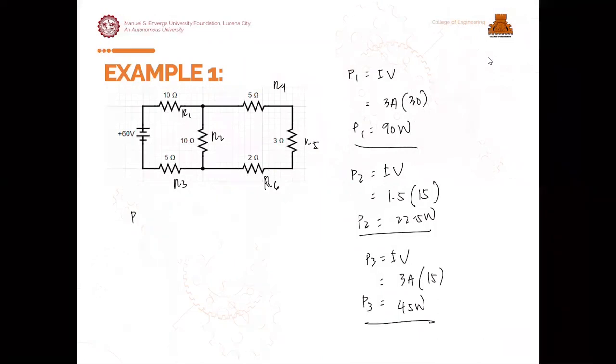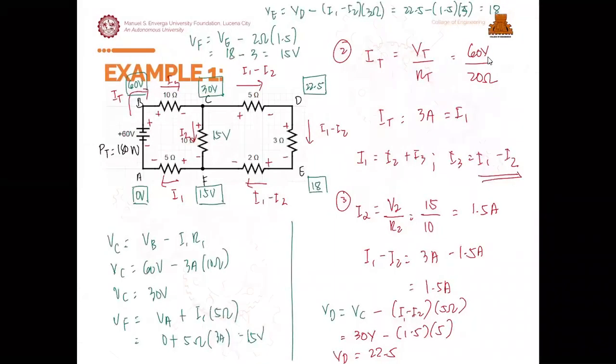Then P4, we have I times V. Our I here is also 1.5. Then what is the voltage drop of this? I did not write it down. So 1.5 times 5 is 7.5. And 3 times 1.5 gives 4.5 here. Then this will be 3.0.